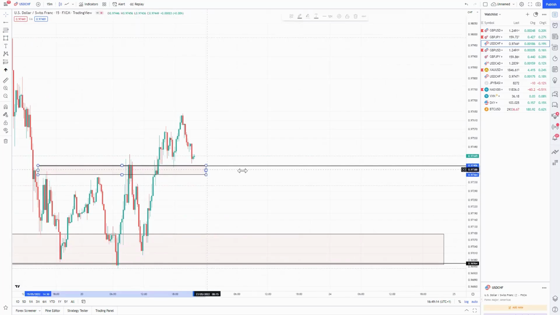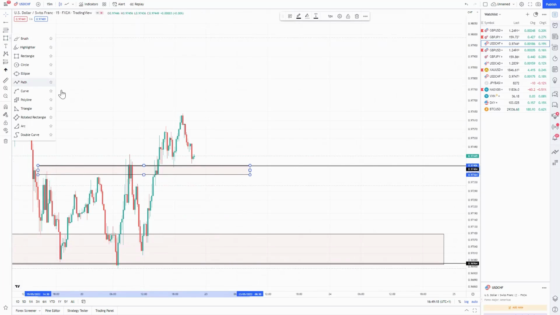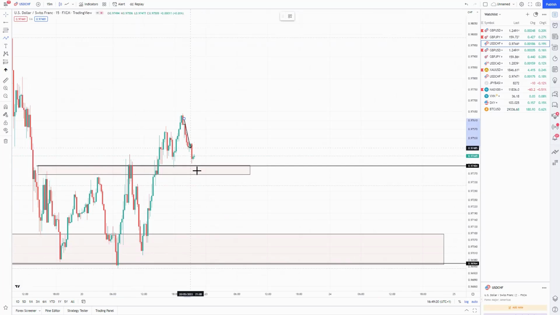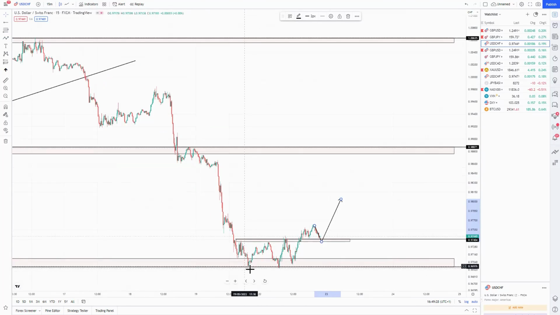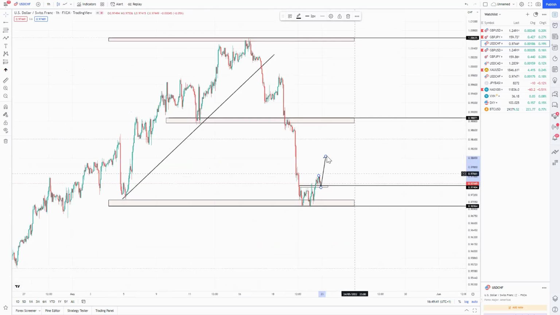So we are expecting a retest of this neckline and a continuation upward on USDCHF because it created a triple bottom. The first bottom, second bottom, and the third bottom, and this is the neckline. So we expect price to come back for a retest of the neckline before it starts looking upward. That's what we have on USDCHF.